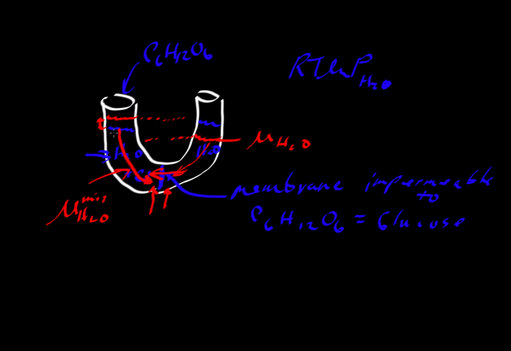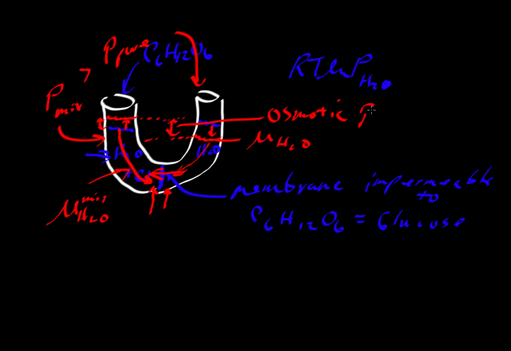And so that means the pressure in the mixture on the left will be greater than the pressure over on the pure side, which is on the right. That difference can be calculated as the pressure due to the difference in the height of water after this level has subsided and this level has risen. And that weight of water, which is equal to that height distance there, would be the so-called osmotic pressure.